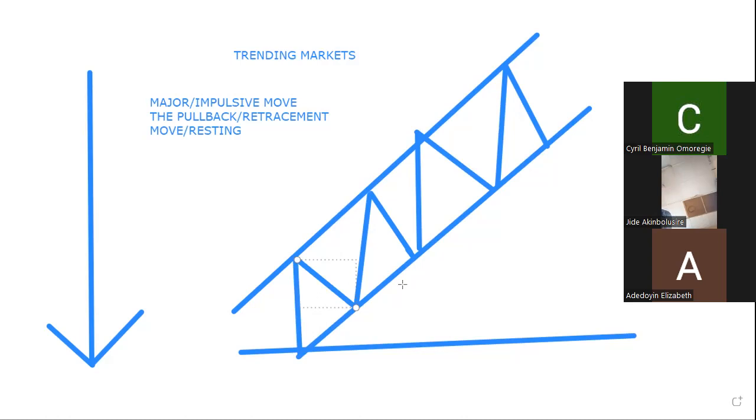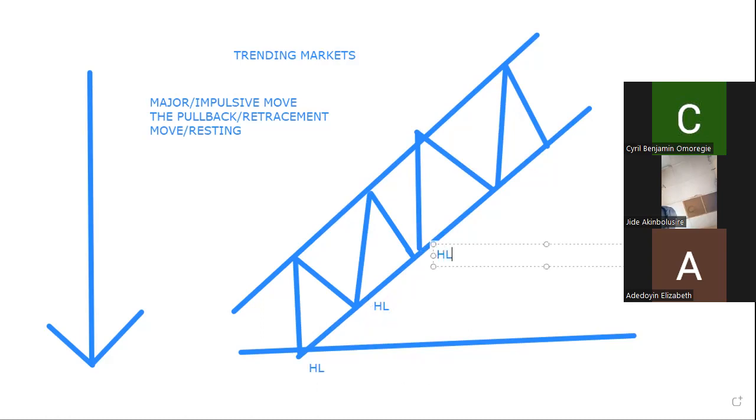To identify the beginning of an impulsive move, you need to master how to draw support and resistance.